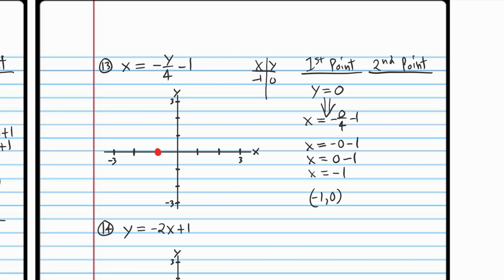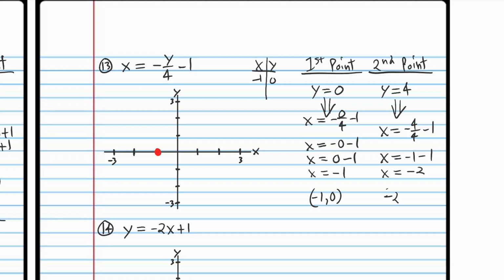Now we'll choose, we have to be careful because this is a fraction. I think 4 will work. So let's let y equal 4. And if y is equal to 4, then x is equal to the following expression. 4 divided by 4 is 1, so that would be -1 minus 1. -1 minus 1 is -2.